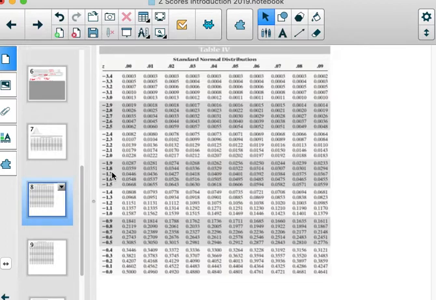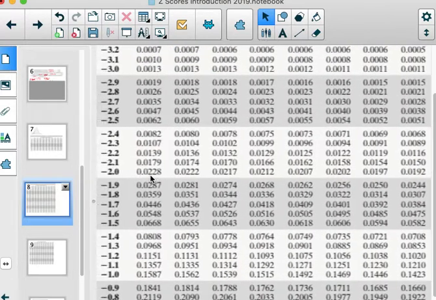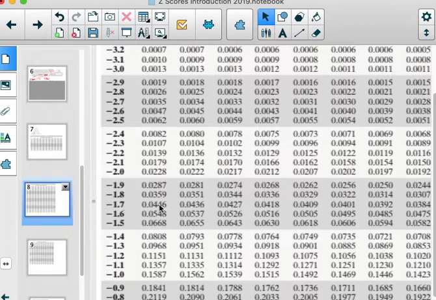So it's here in the gray. And then you're going to go across until you get the hundredths place. Would you all agree that negative 1.71 would be right here where my mouse is? And I know the video you'd be watching would be very blurry. There we go. I can zoom in. 1.71.